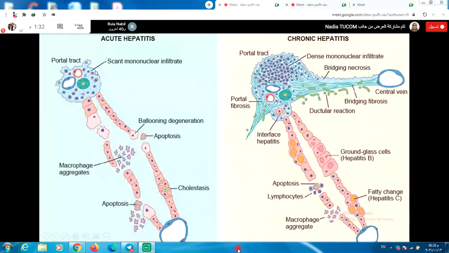Portal tract accumulation of mononuclear cells, few cells, and ballooning degeneration, swelling or feathery degeneration, apoptosis or Councilman bodies, macrophage hyperplasia, Kupffer cell hyperplasia, apoptotic bodies again, and cholestasis, aggregates of biliary secretions in between the cells and within the cells, that is feathery degeneration.